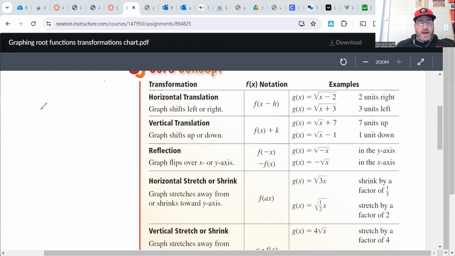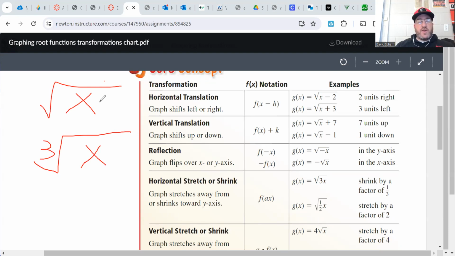What makes a radical function is I either have the square root or the cube root. I know that three's kind of big looking. And there's an x underneath it. So these are the parent functions, square root of x, cube root of x. And we'll look at how those base parent functions look in Desmos here in a minute.